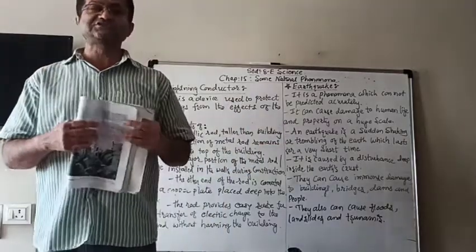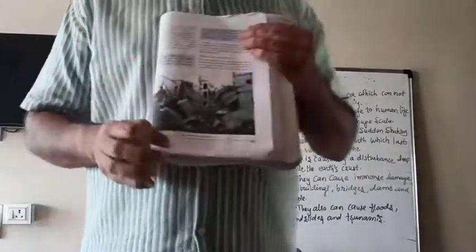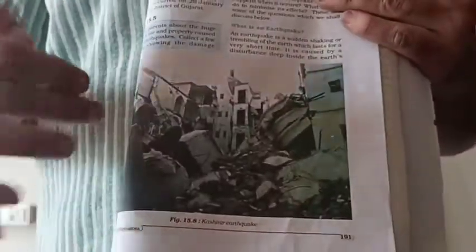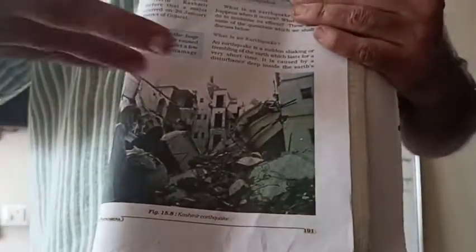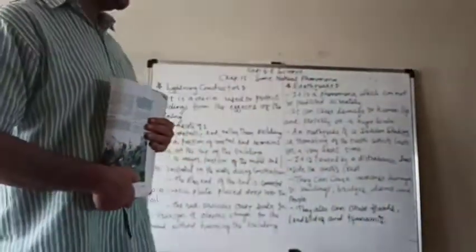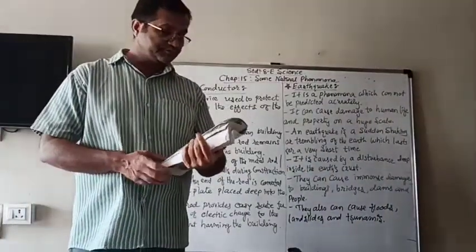Here there is a picture which shows what happened in Kashmir. During the earthquake all the buildings got damaged like that, and most of the people living in the buildings died.